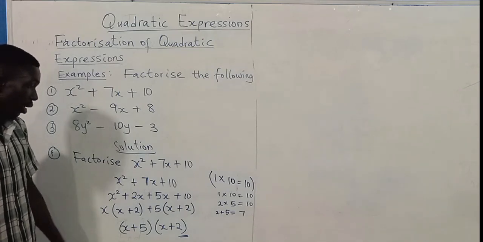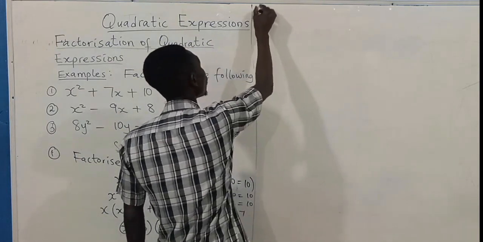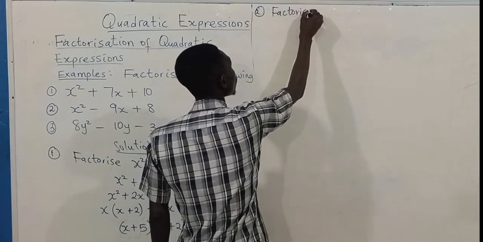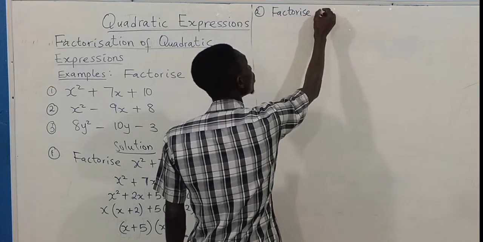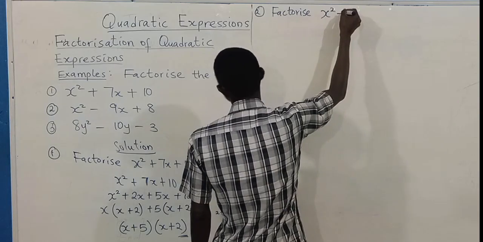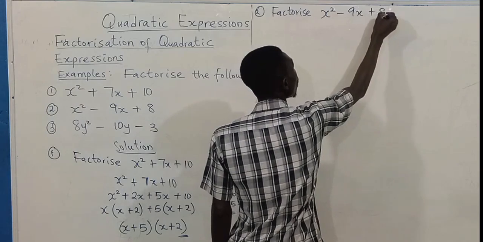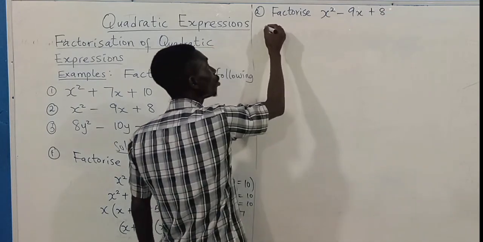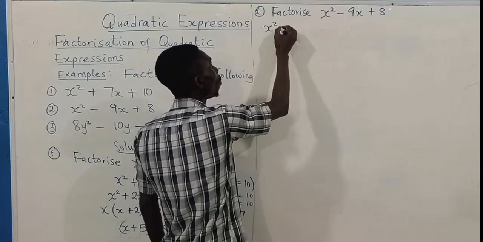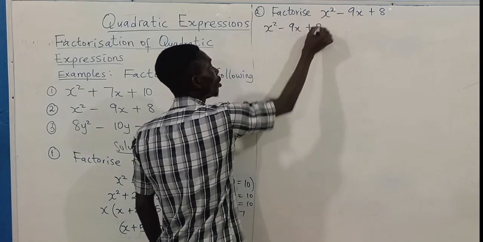Okay, let's look at example 2 for clearer understanding. Example 2 says factorize x squared minus 9x plus 8. So we're going to do this very fast. We have x squared minus 9x plus 8.